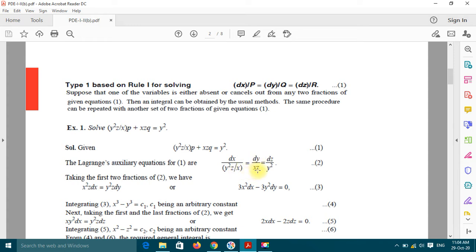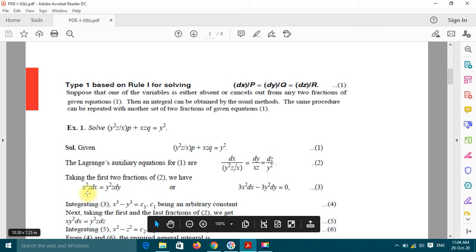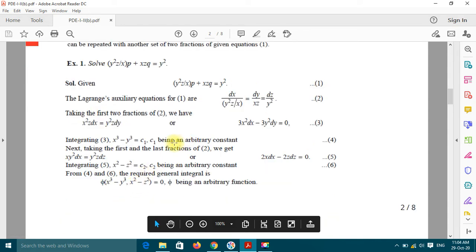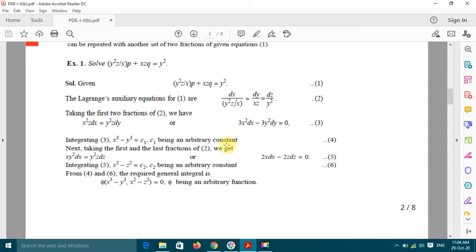So x and z cancel out, and if we cross multiply, this becomes x square dx minus y square dy is equal to 0. We multiply with 3, so 3x square dx minus 3y square dy is equal to 0. Now integrate it, then we get x cube minus y cube is equal to C1, where C1 is an arbitrary constant or constant of integration.